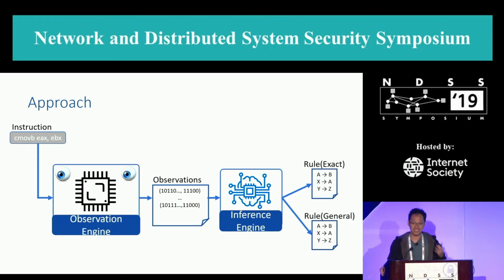An observation is simply an input-output pair, which can be generated by taking an initial input, executing it using a concrete instruction black box of the CPU, and obtaining the output. With all these observations, we can then use our inference engine to infer a rule. The rule that we infer is both sound and complete with respect to the observations that we had.